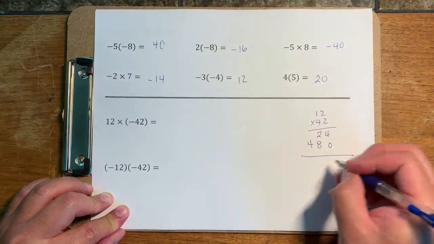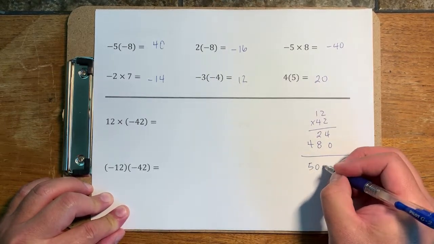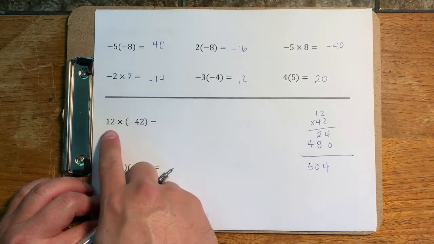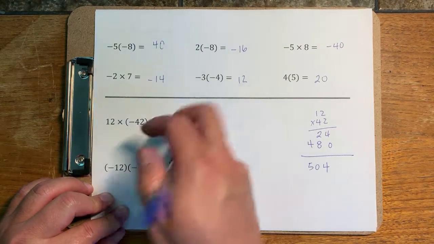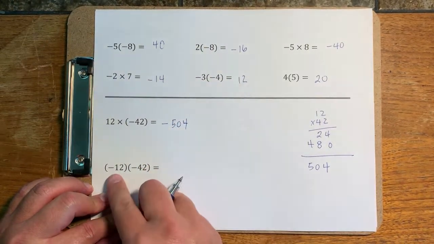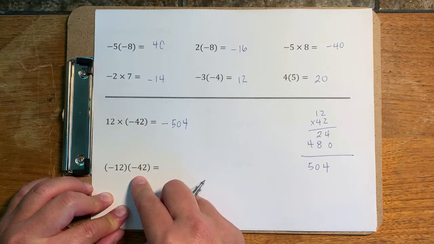Then when we add these together, we get 504. So let's remember our rule. A positive number times a negative number is a negative number, and a negative number times a negative number is a positive number.